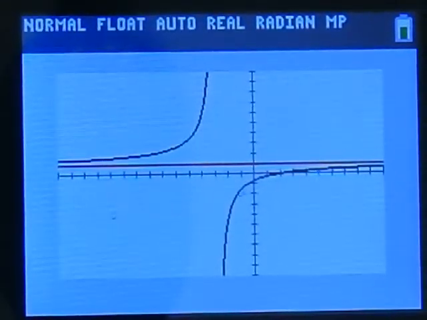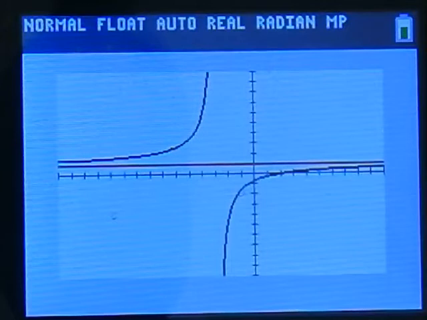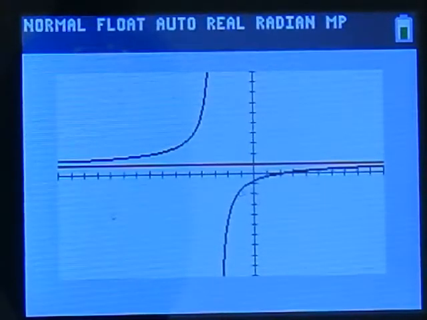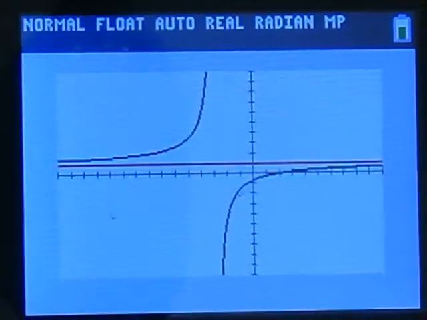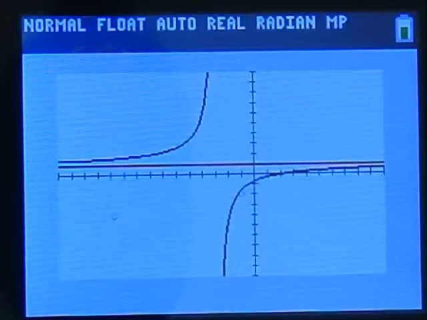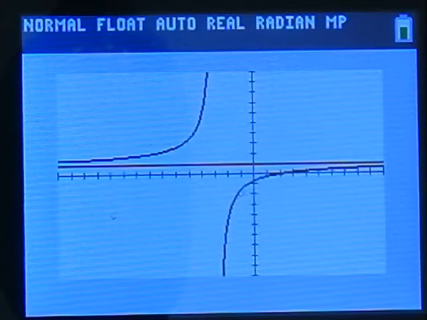So there's our graph. Now I'd like to also be able to put the vertical asymptote on here as well. The vertical asymptote is a line that stands straight up and down. And if you remember, vertical lines are not functions, and the calculator will not graph them as a function, but we can draw them. Let's go see how to do that.